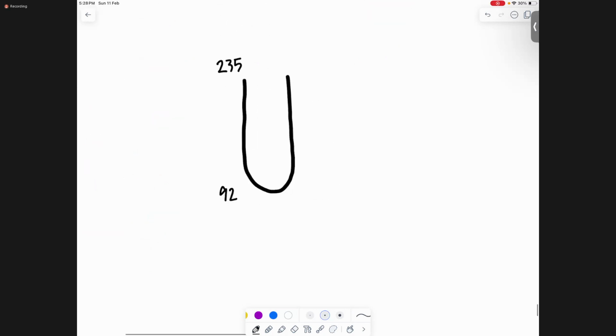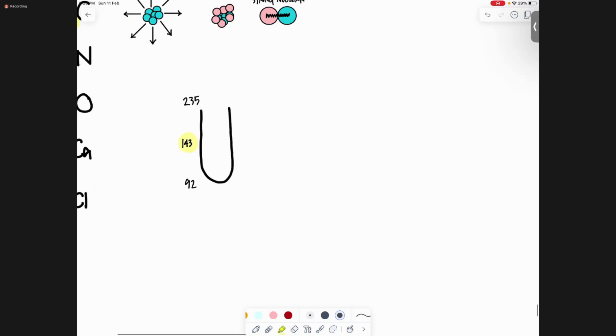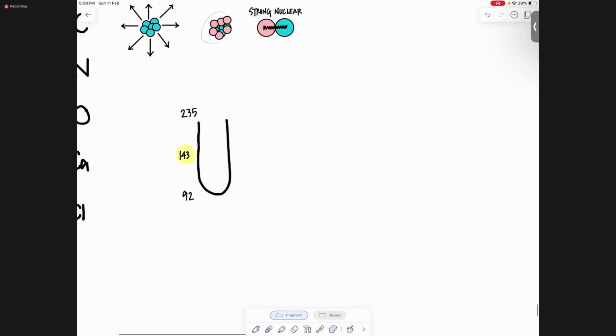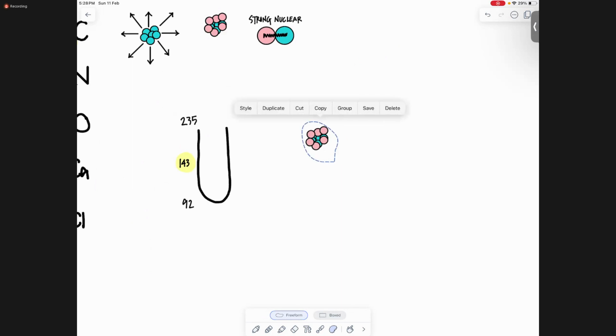So the number of neutrons it contains is 143. So this contains 143 neutrons out there. Why is that a problem? More neutrons means more stability, right? That's what we thought until we realized that the protons and neutrons bind with each other when they're right next to each other.